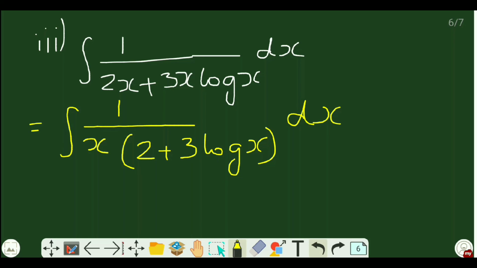Now we can substitute the term, isn't it? We can take 2 plus 3 log x as t.